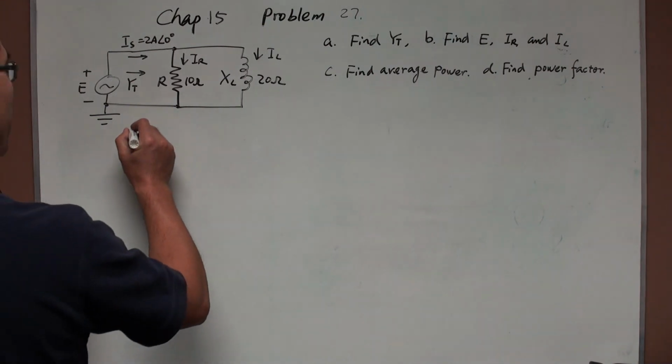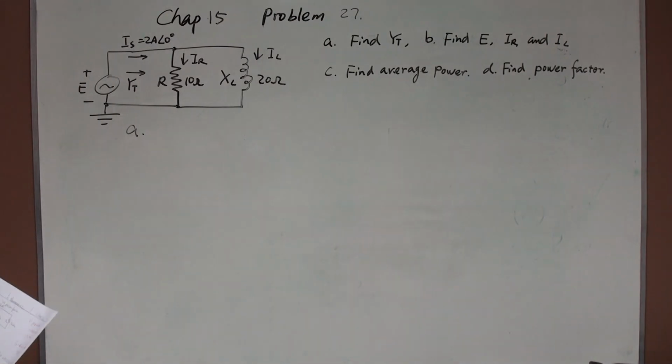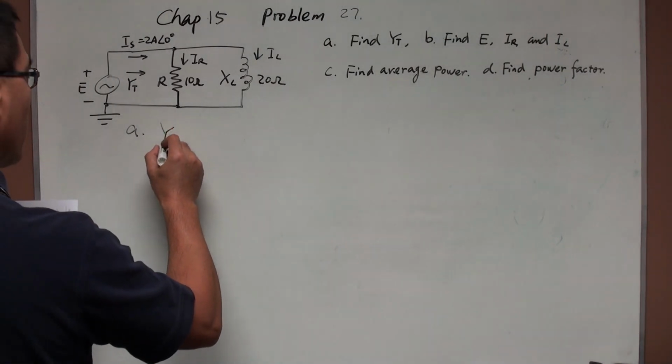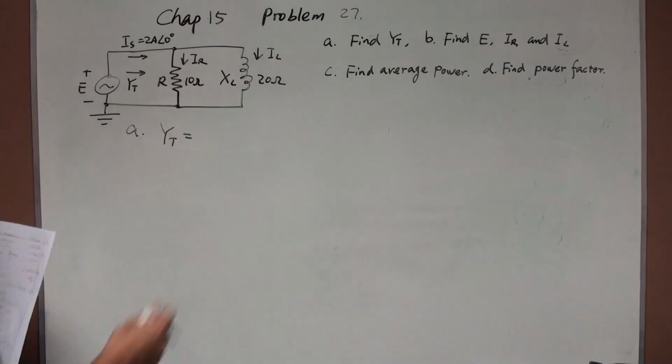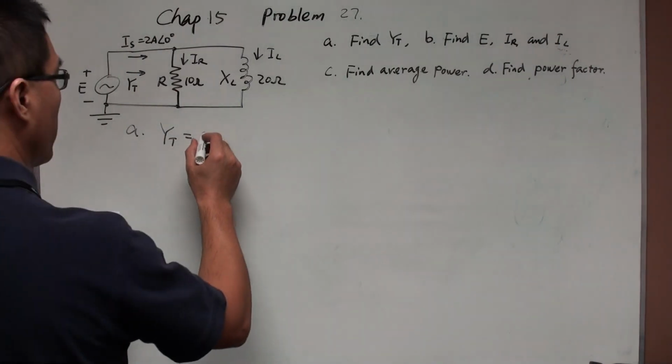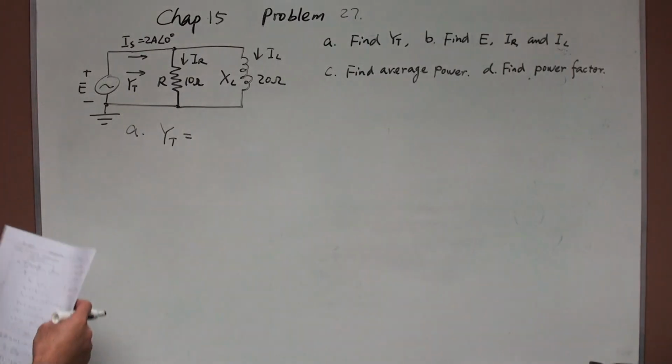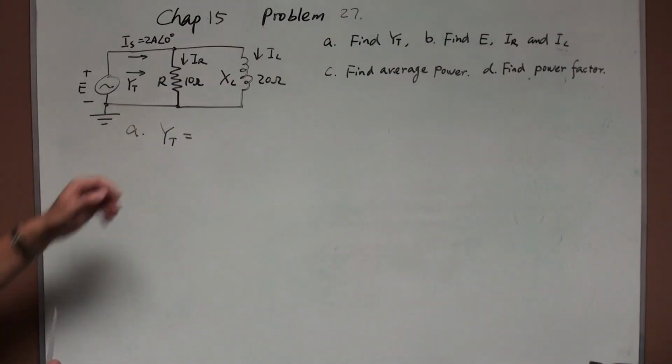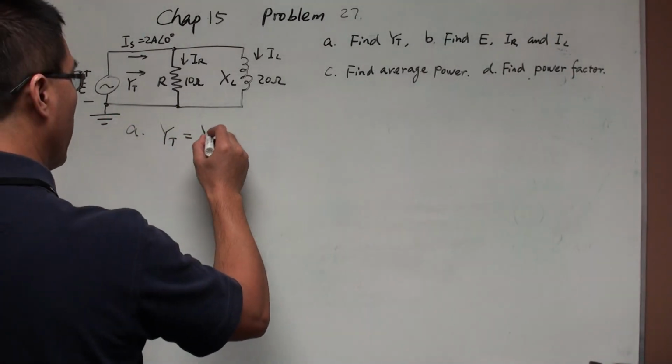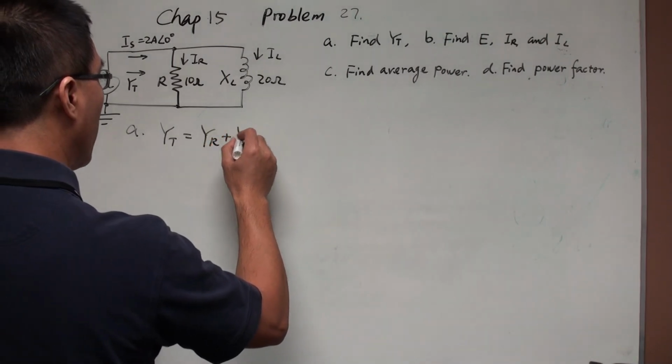Okay, so let's see. A wants us to find the total admittance YT, and because this is a parallel circuit, we just add the individual admittances of the components together. So we will have YR plus YL.